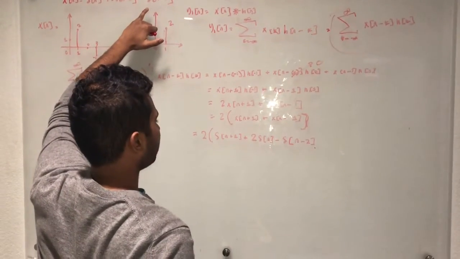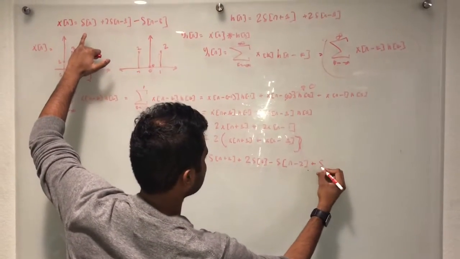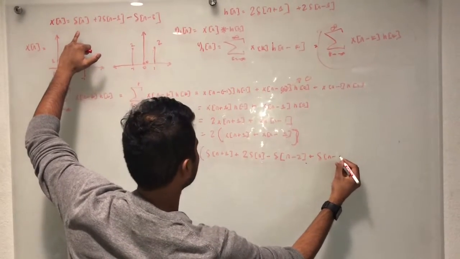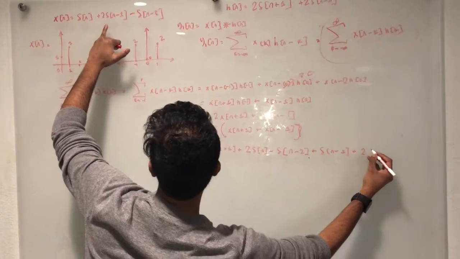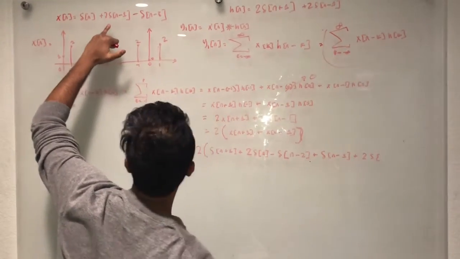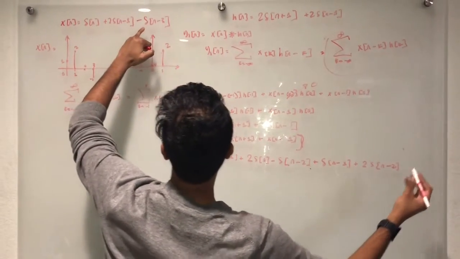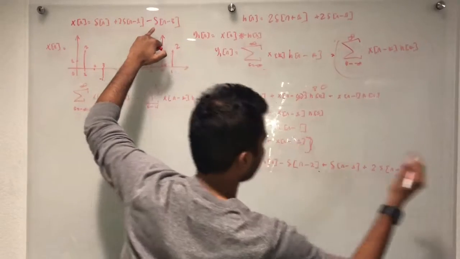And then over here we still have the n minus 1 part, so we're going to have plus del n minus 1 plus 2 del n minus 2 minus del n minus 4.